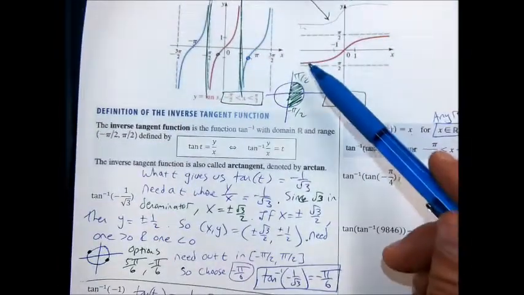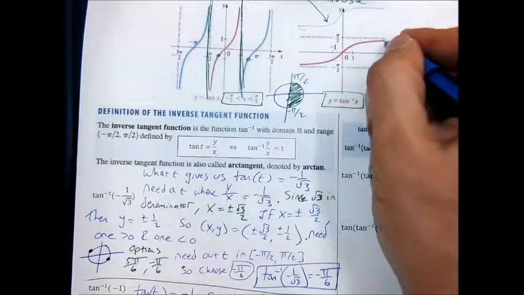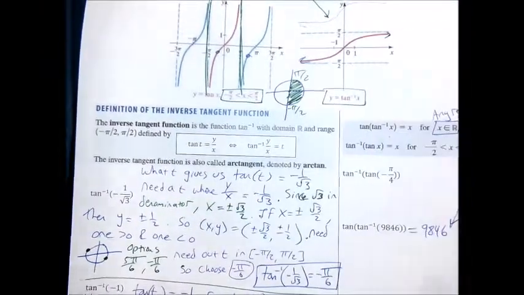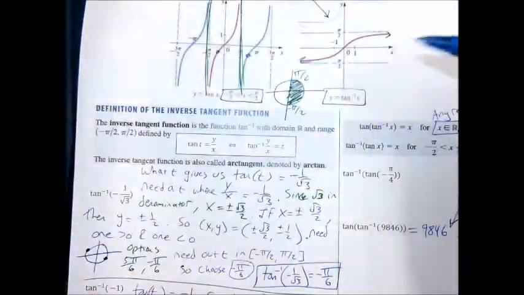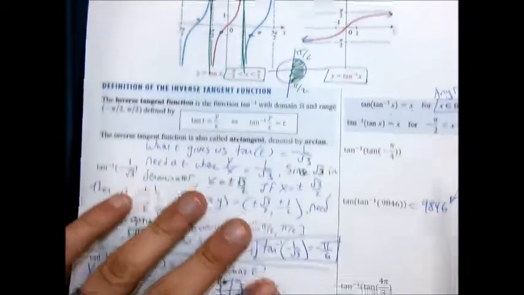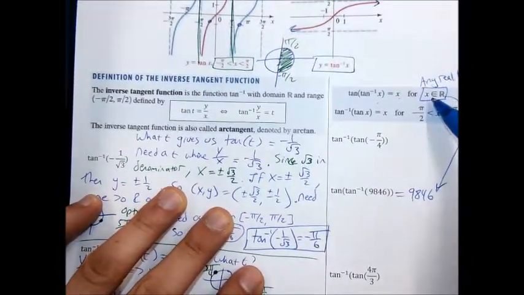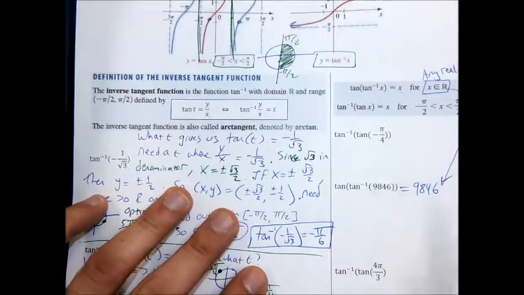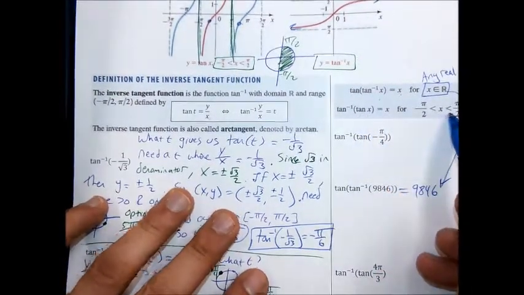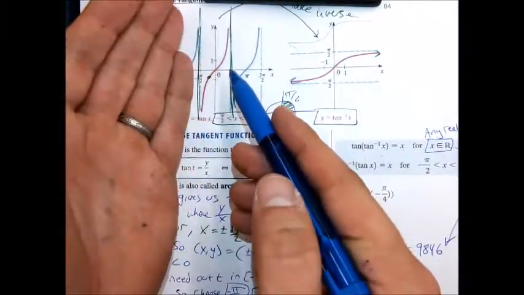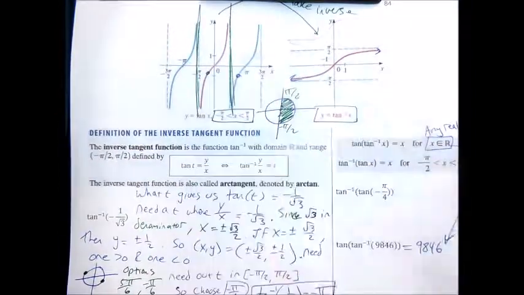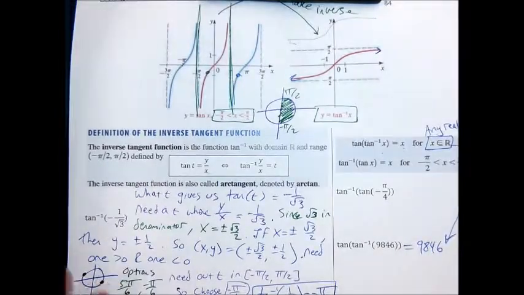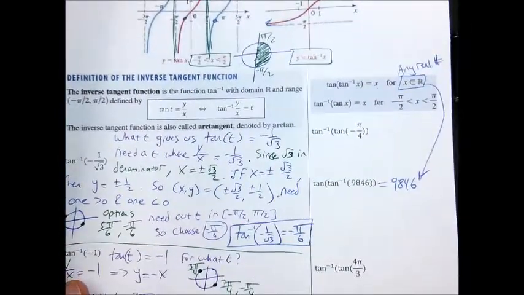If we look at this graph of tan inverse, it goes forever in both directions, right? It goes forever to the right, it goes forever to the left. And so we don't have to restrict ourselves because you can plug anything into those. But the other one, we are restricted because we're only thinking about this middle piece, and this middle piece has a restricted domain. That's why we need to be between minus pi over 2 and pi over 2 in the second one.